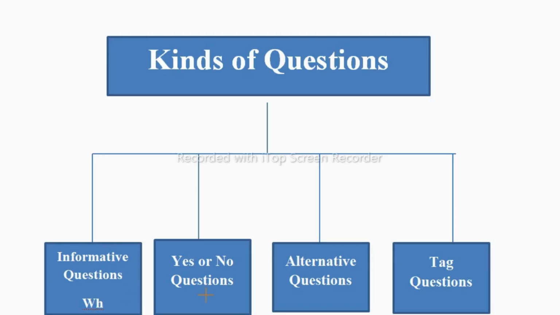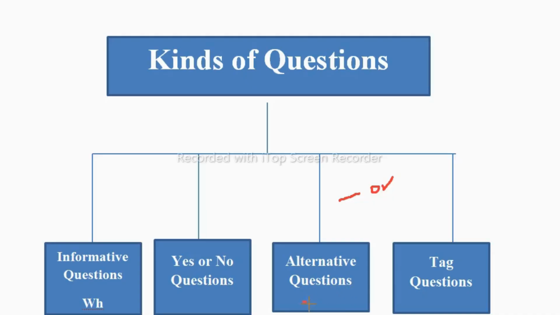The next one is the auxiliary verb question, like do you like something, or is she coming, or are they writing. The answer would be yes or no. And the alternative question, where we have a choice, like do you like tea or coffee, where we have two choices. So these are called alternative questions.